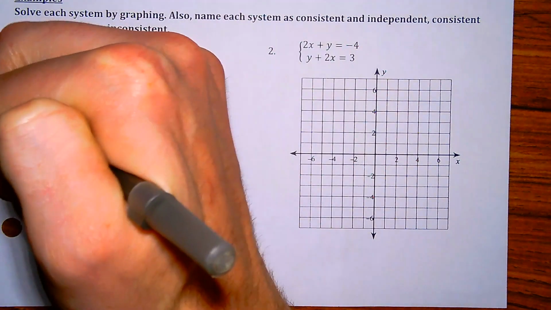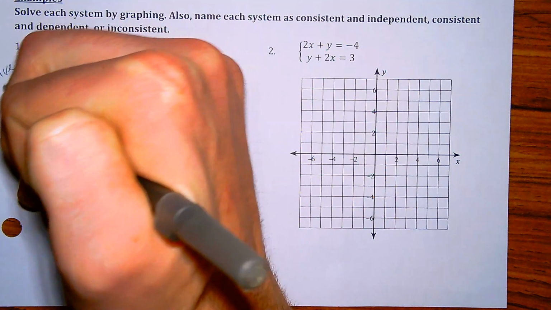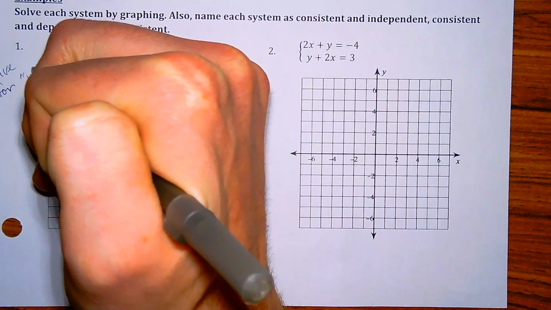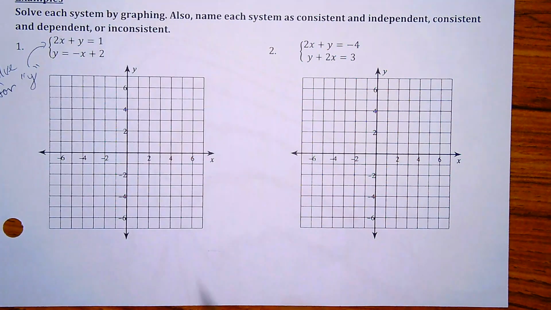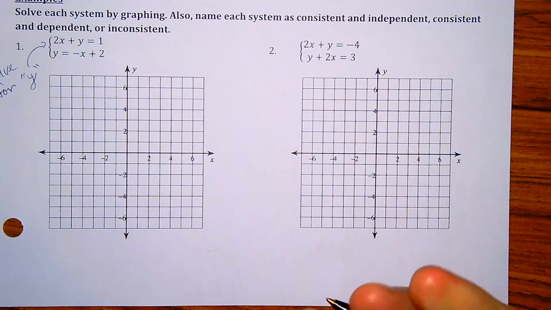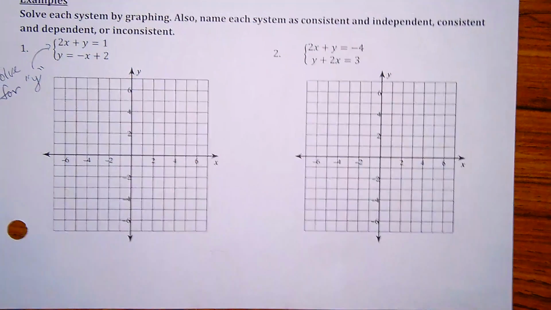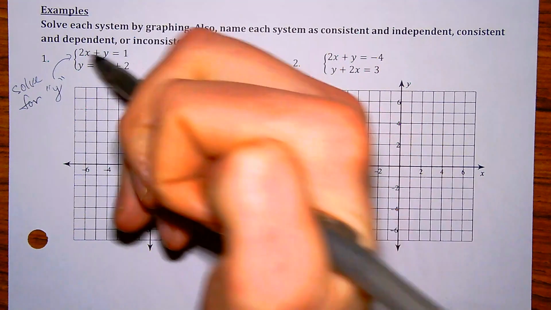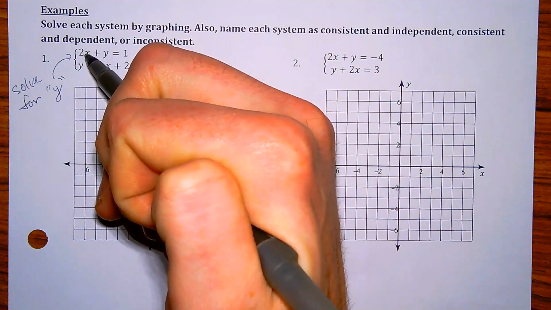We need to solve for y here. And solving for y means getting y on its own side. We need to make sure that y is not over here with the 2x, but we need to get the 2x away from y.